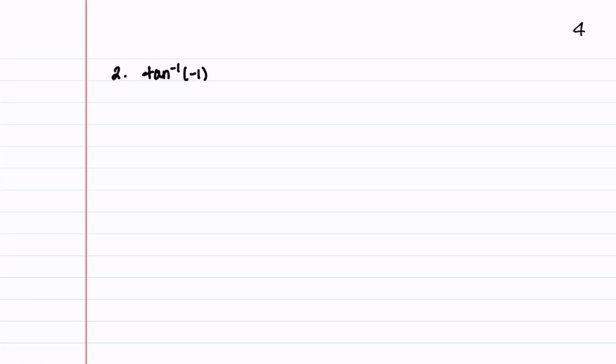For our last example, we'll evaluate the inverse tan of -1. We'll begin by letting theta equal inverse tan of -1 and remind ourselves again that our theta has to lie between -pi/2 and pi/2.